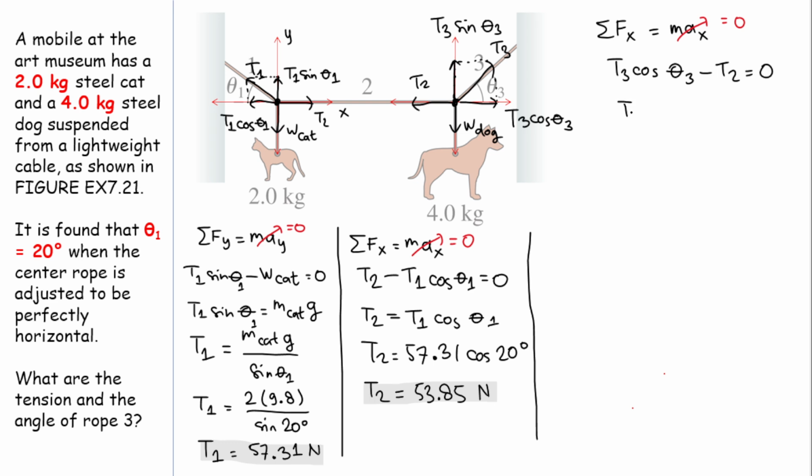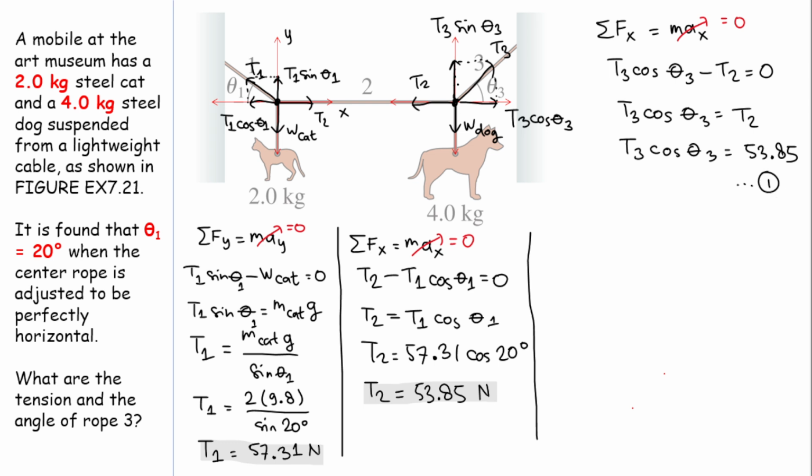So we will have T3 cosine of theta 3 equal to T2, which is 53.85. Okay, and let's save this as equation number 1 here.